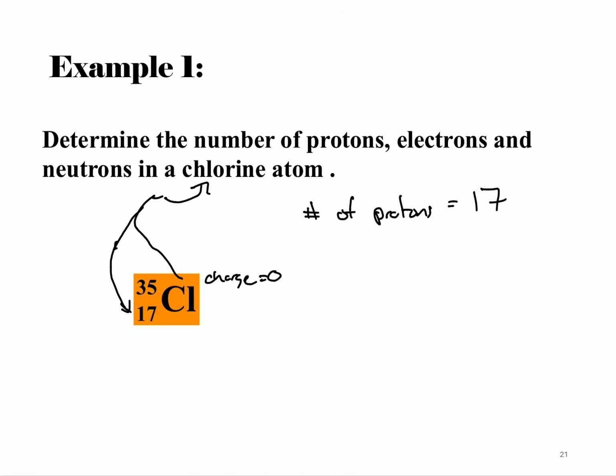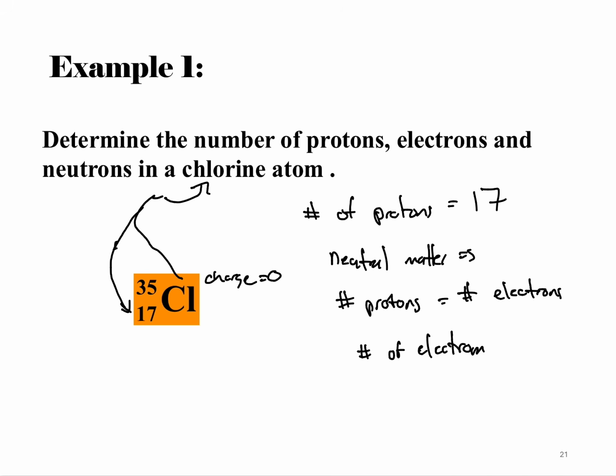For neutral matter, the number of protons equals the number of electrons, which means that the number of electrons for this element is 17 because we have 17 protons. And then the mass number, this is A, is equal to the number of protons plus the number of neutrons.